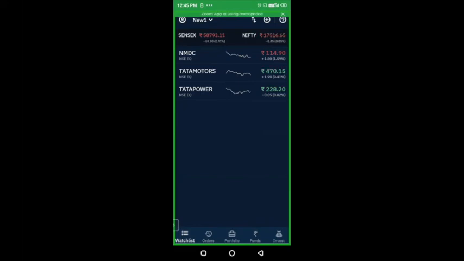Zero brokerage for investment. Only while selling will you be charged a brokerage fee, and that too 0.05 percent. For example, if the share price is 100 rupees, 0.05 percent means 5 paise.